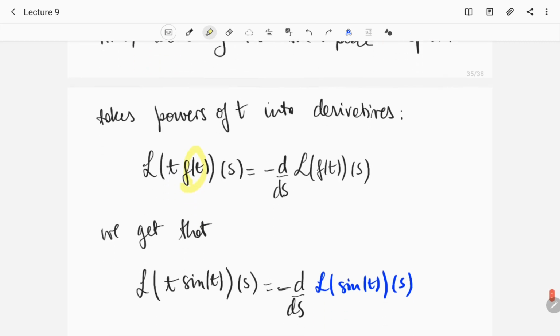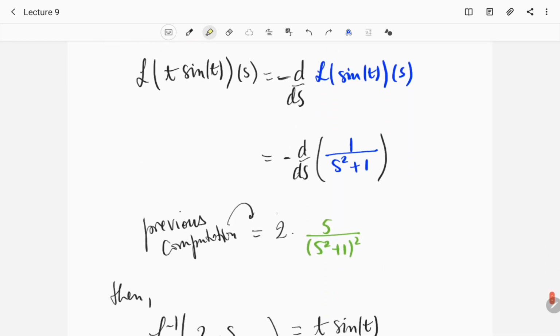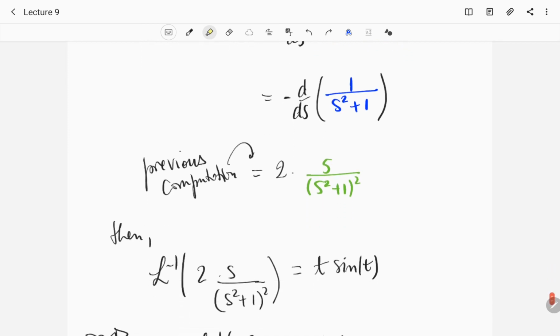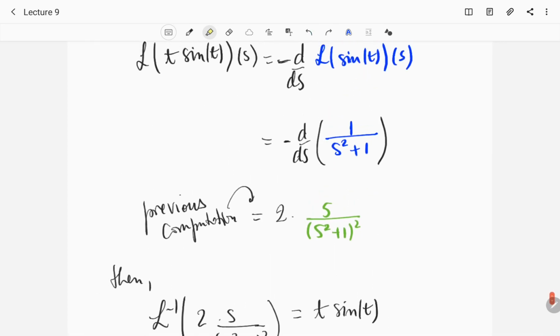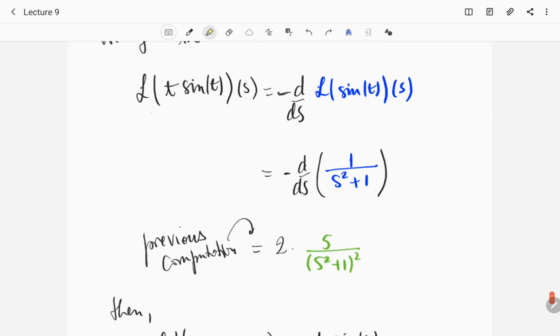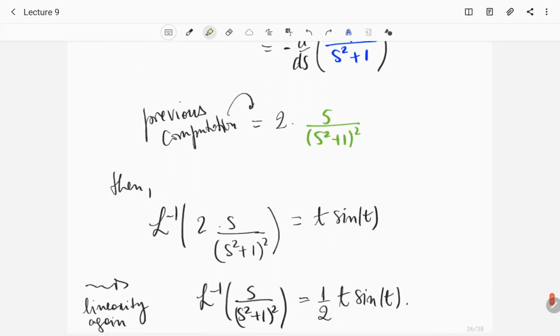We get this function here from the previous computation. So what we are saying is that this is the function that we are interested in. But now, if we apply the inverse Laplace transform here, we get that the inverse Laplace transform of 2 times the function we are interested in is t times sine of t.